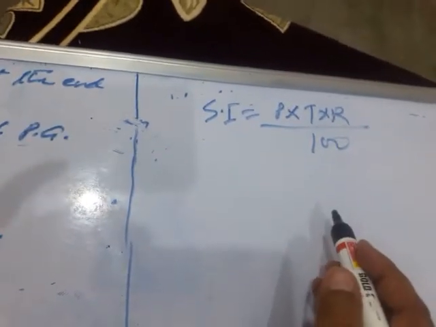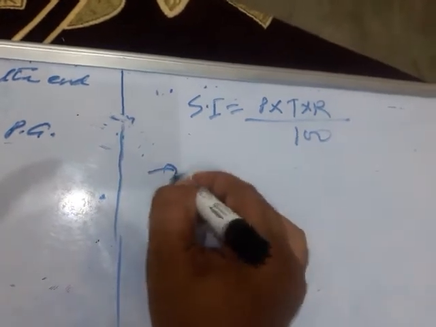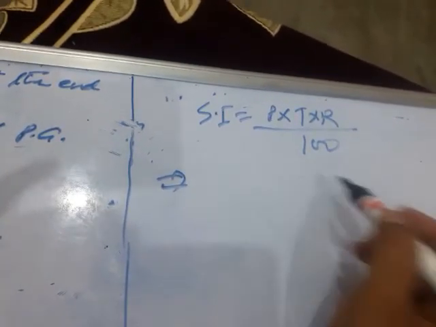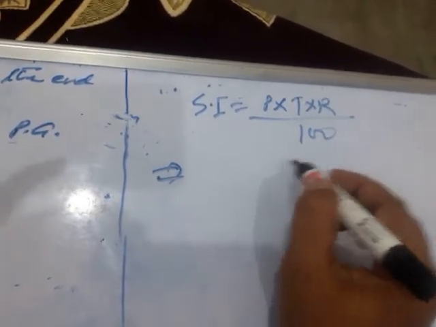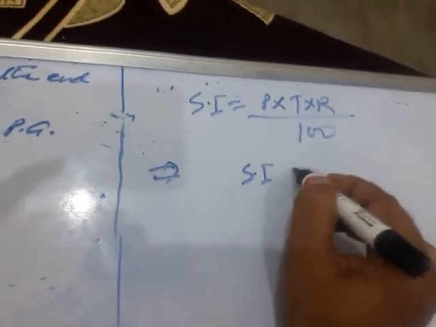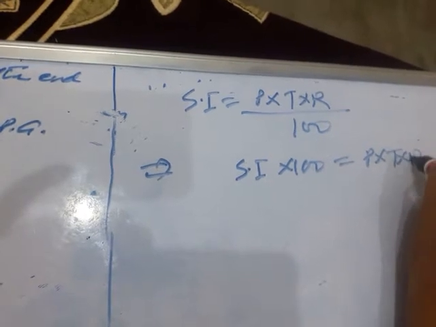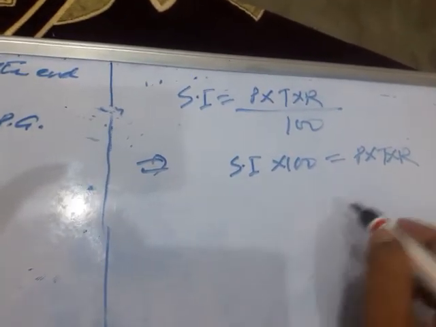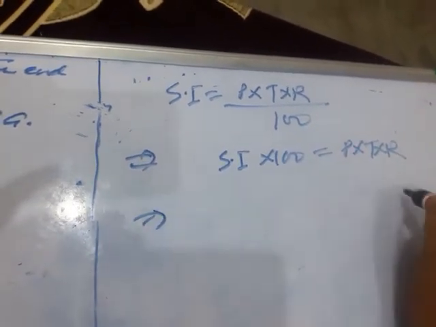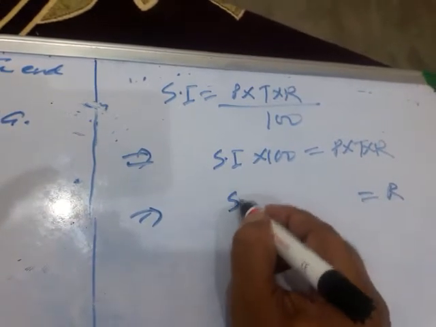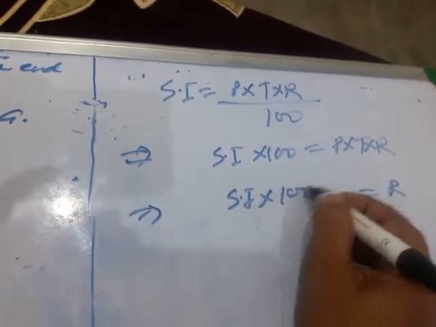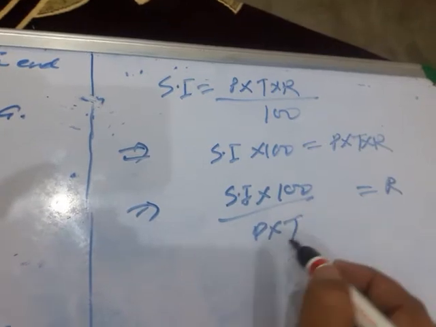Here we have to find out R, children. We can transpose the formula: SI into 100 equals P into T into R. This implies that rate equals SI into 100 upon P into T.